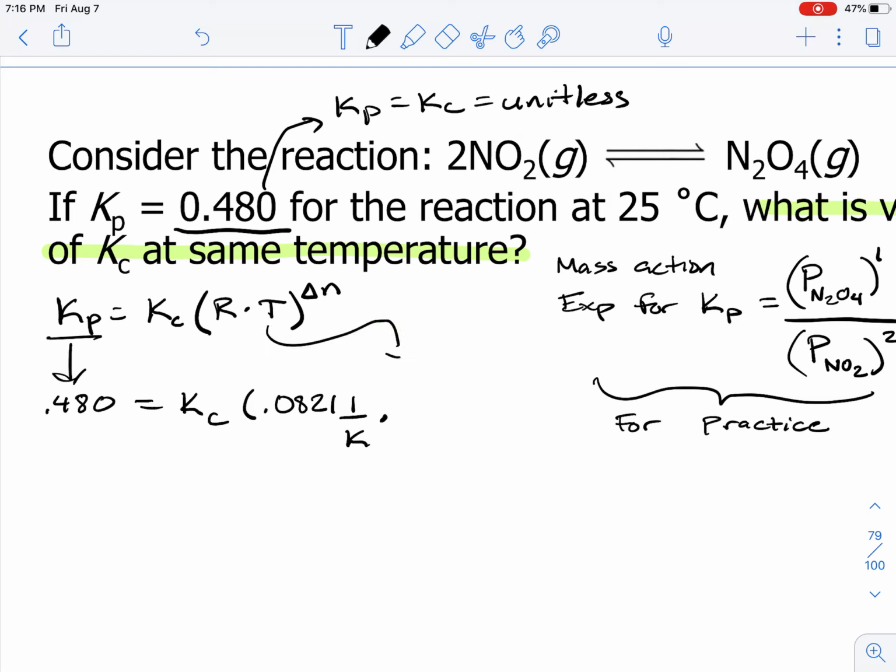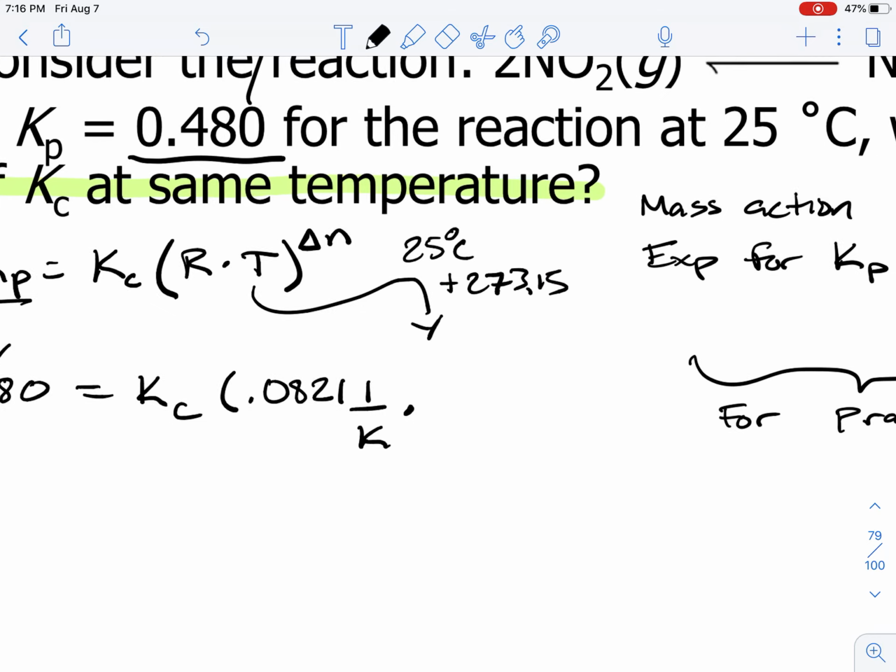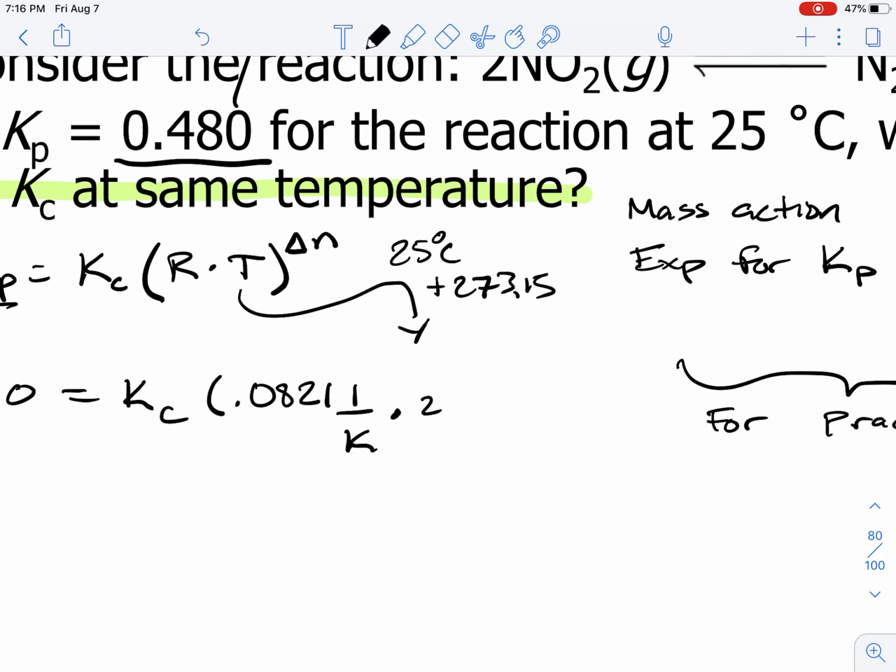And so temperature needs to be in Kelvin. And so you need to add, so it's going to be 25 degrees Celsius plus 273.15. So this is going to be 298.15 Kelvin.